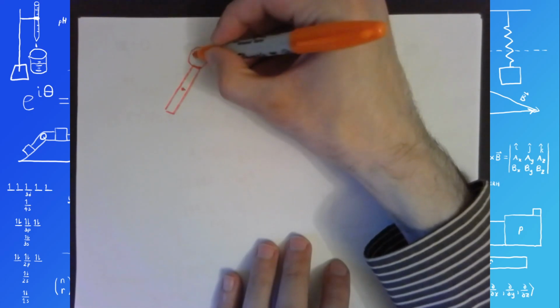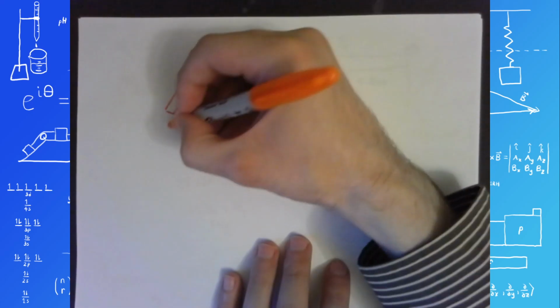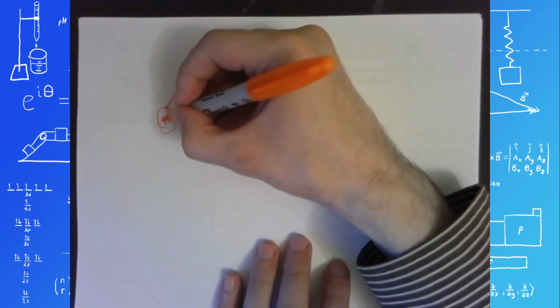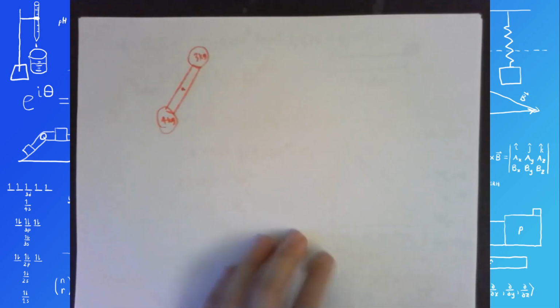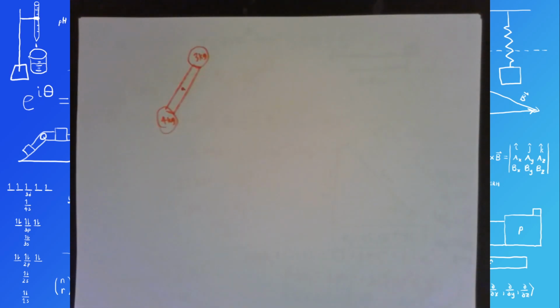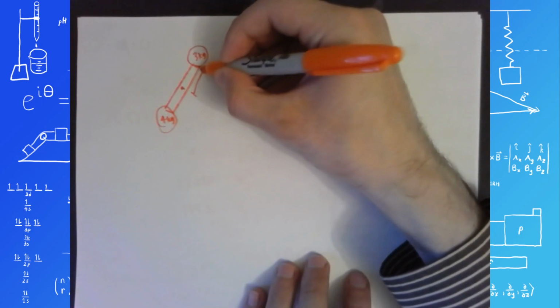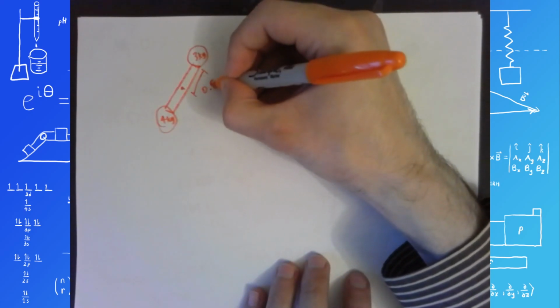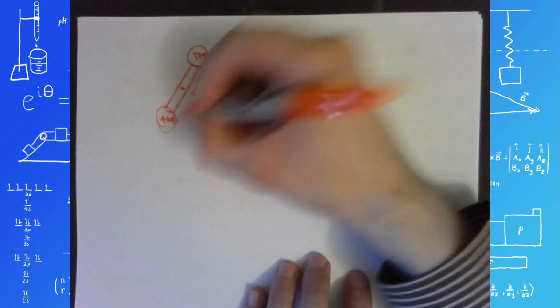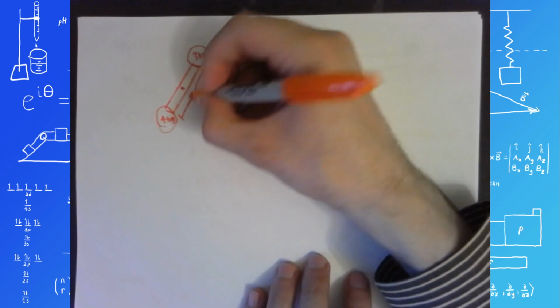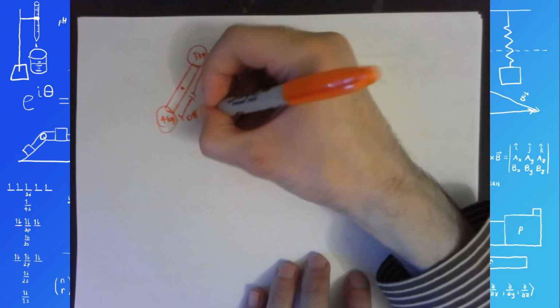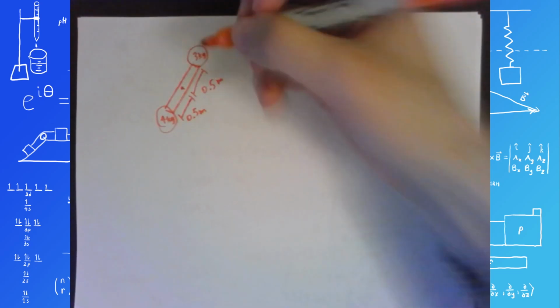And then on its ends you've got a 3 kilogram and a 4 kilogram object. It's 1 meter in length, which means it's 0.5 meters from each object. So each object is 0.5 meters from the axis of rotation, is the thing to remember here.